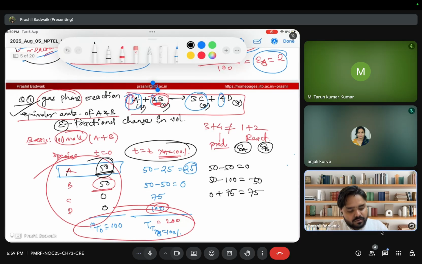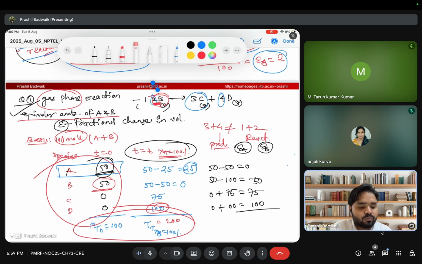Similarly D, it is 0 plus 100. It is supposed to be 200, because per mole of A, 4 moles of D are being formed. So for 50 moles it will be 200. So this is 275 minus 50, 225.